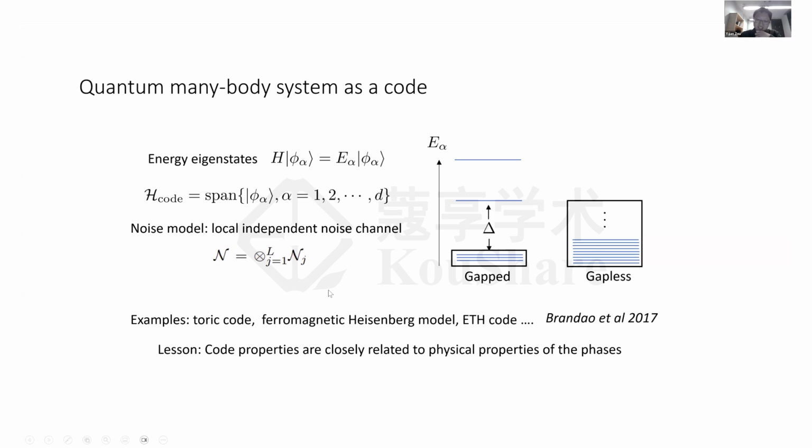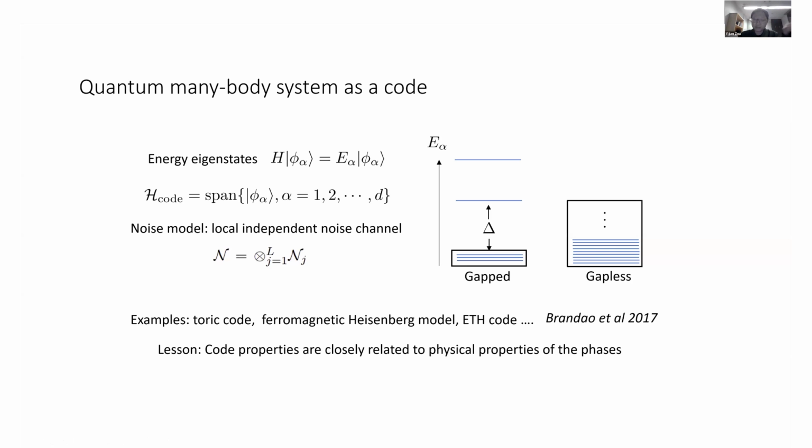In fact, you just need to look at the energy eigenstates. You first diagonalize the Hamiltonian and find the low energy eigenstates, and it could be, for example, gapped or gapless. These are just two classes that your Hamiltonian must fall into. In the gapped case, you choose your logical subspace, inside the physical Hilbert space, to be the low energy part of the spectrum.